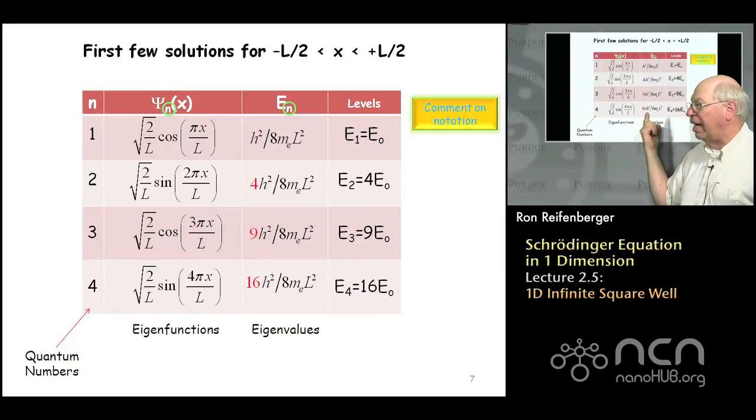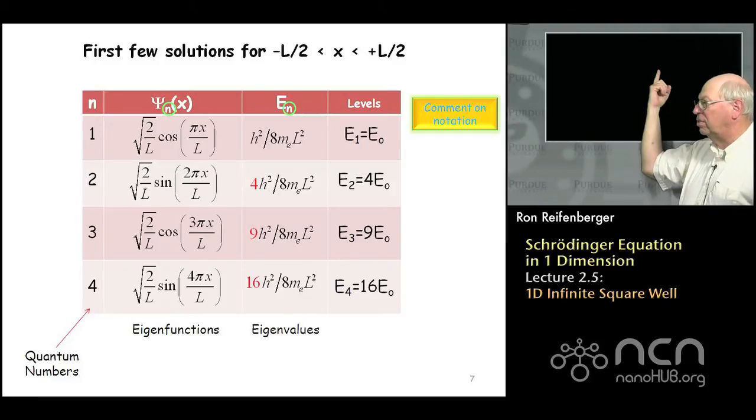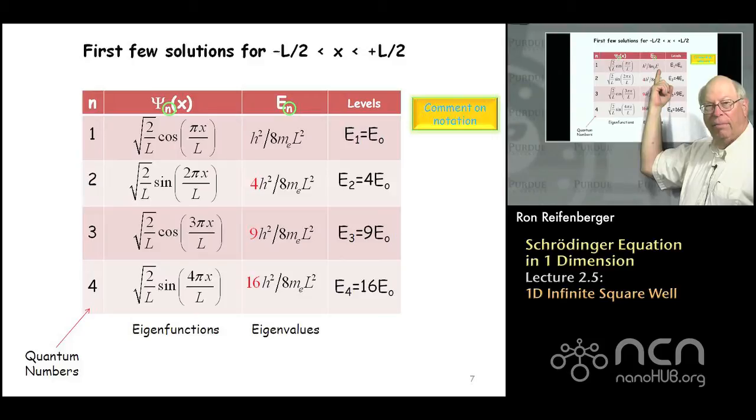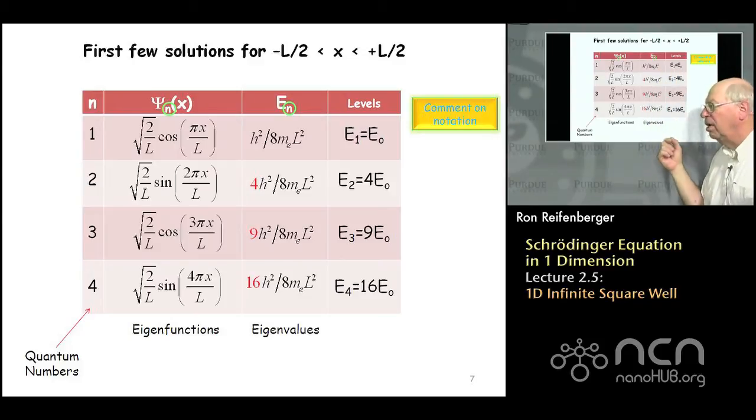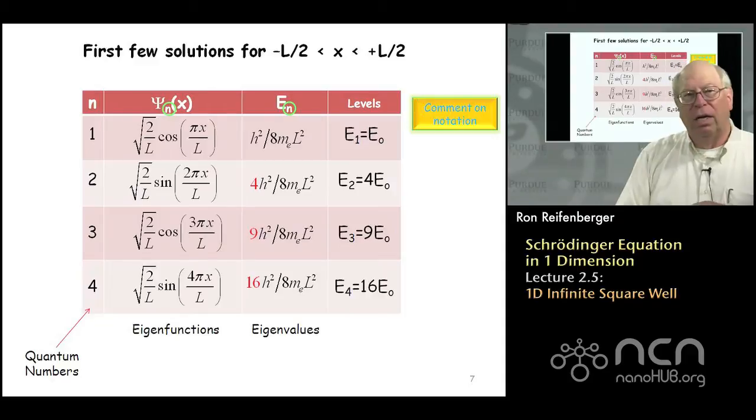These are the eigenvalues. These eigenvalues go as n squared. So I've tried to indicate that by highlighting these red numbers that go as the square of the quantum number. And then lastly, you can define a constant E0, which is just h squared over 8mL squared, and so then you can write the energy levels in a very convenient and transparent form.